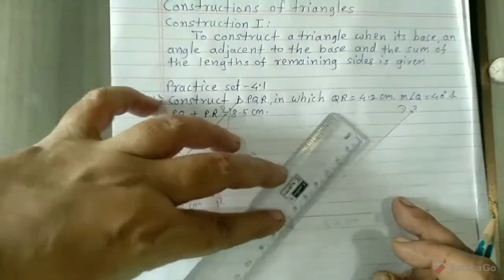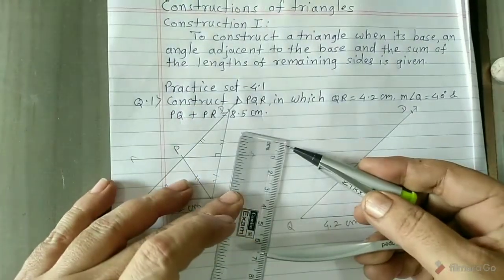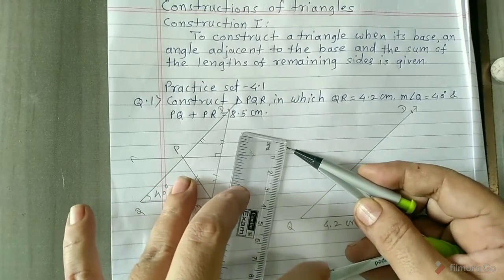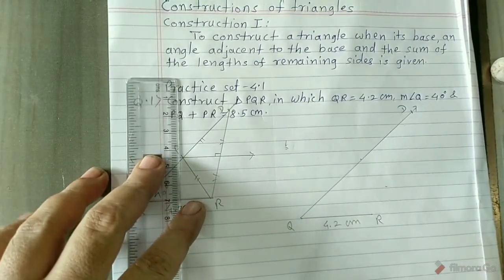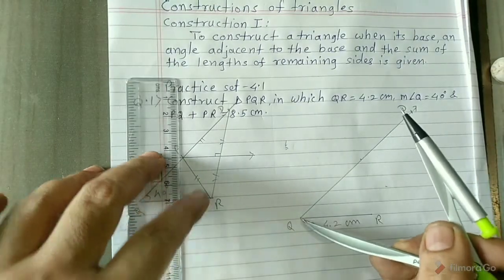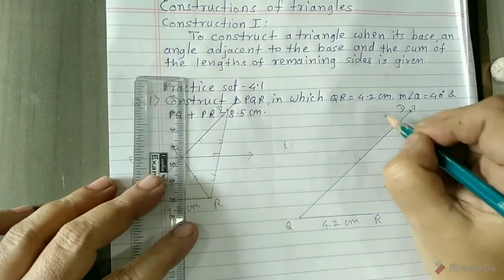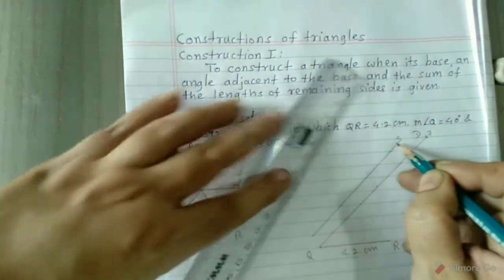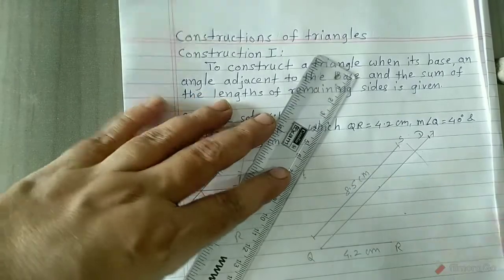So we take a measurement of 8.5 and make an arc. Put an arc here, this is S. Now draw one line here, that we call 8.5 centimeter.